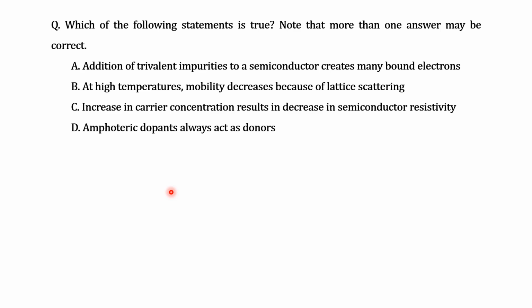What is meant by amphoteric dopants? Amphoteric dopants means that, with respect to the element they are being doped into, they have the capability of acting both as donors and as acceptors. That is amphoteric doping.